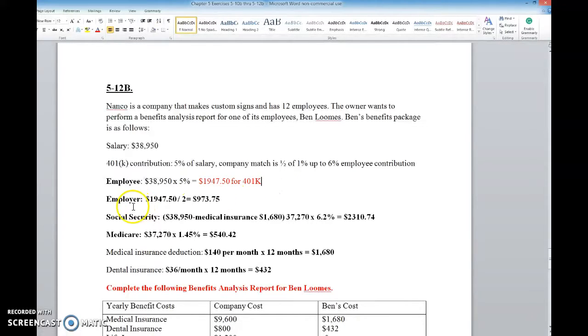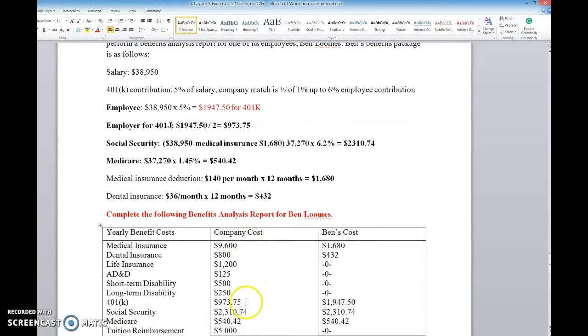Multiply that by 5%. His 401k, that is his cost, is $1,947.50. The employer's side of the 401k, they contribute half of 1% up to 6%. So since Ben contributes $1,947.50, we're going to divide that by 2. The employer contributes $973.75. Social Security.